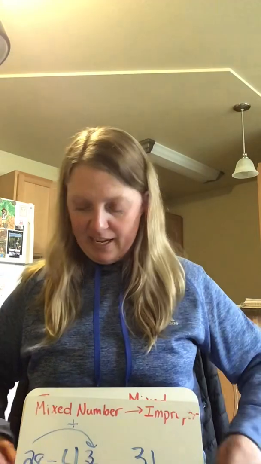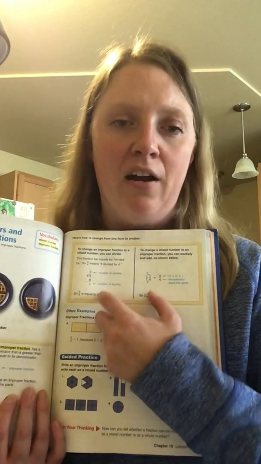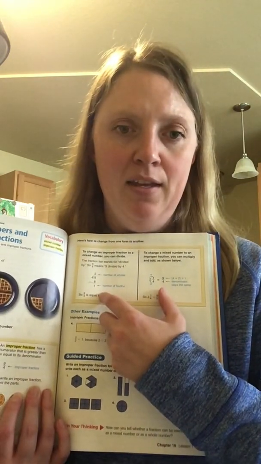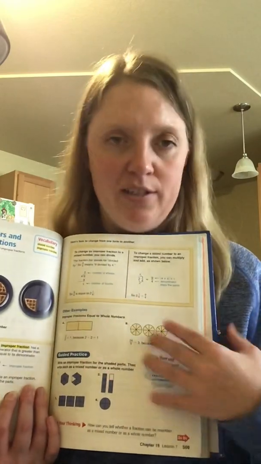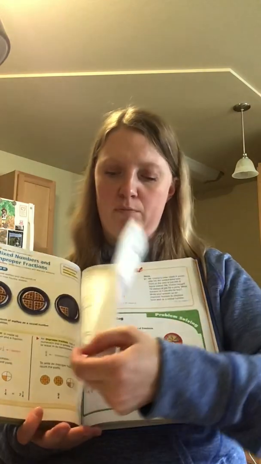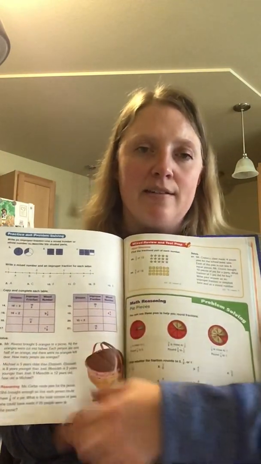Now, just because I have these on boards and your video's done, doesn't mean you don't still have access to those steps. 509 is showing you exactly what I have on those two boards. So look back on this page, okay? Follow their steps, follow their directions. They're the same as the ones I gave you. All right, so fill in those two purple charts, copy them first, and then fill in the blanks.